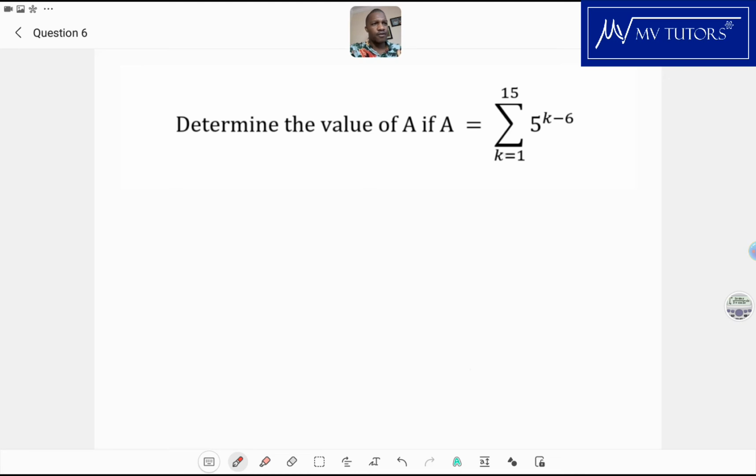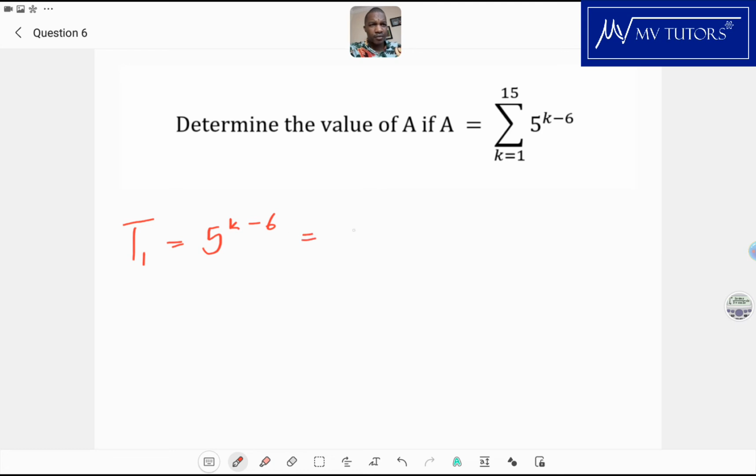The first thing you have to do here is to determine your terms. So we need term 1. To calculate term 1, we will use this equation. Okay, we'll use 5k minus 6. Excuse me.